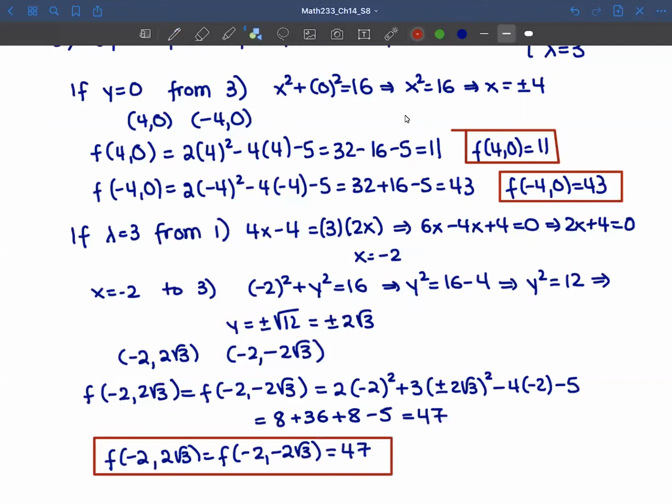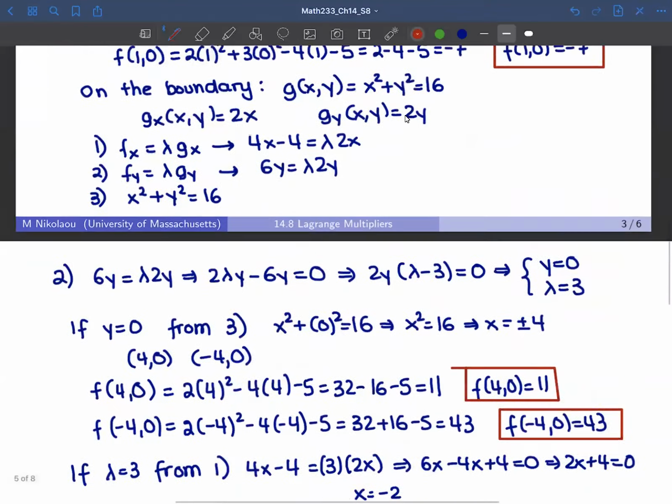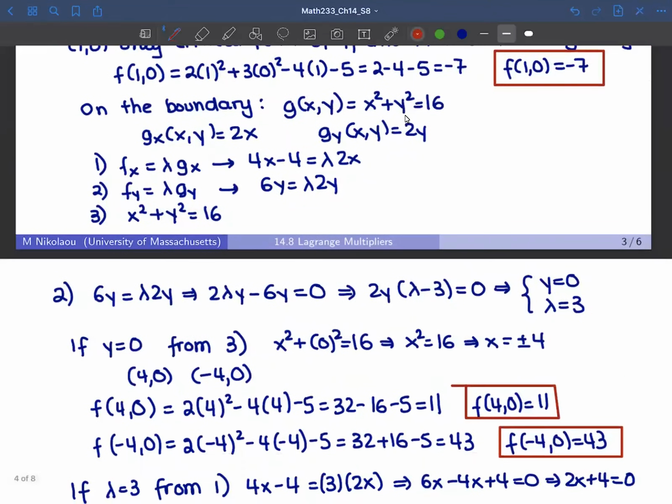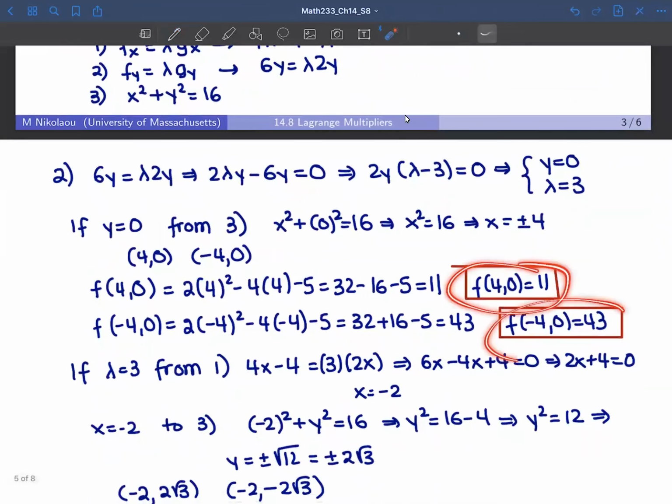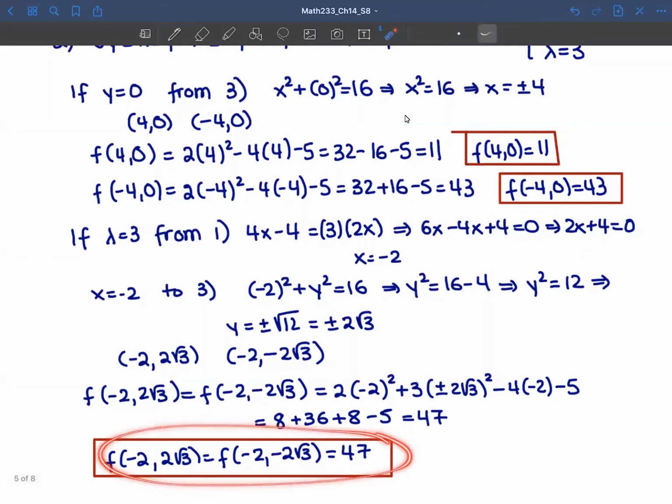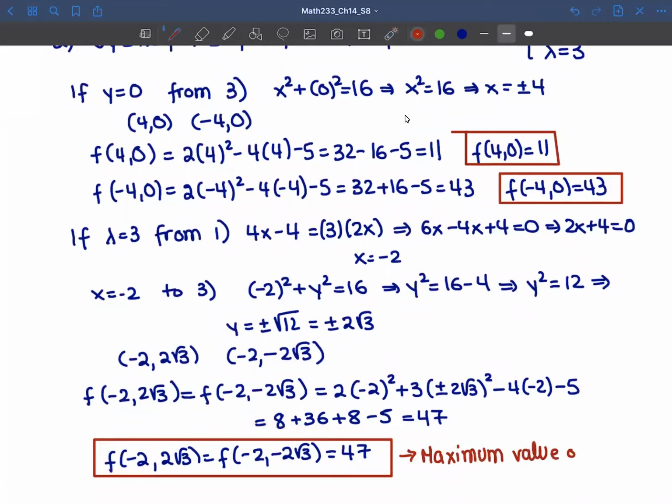So we see that here we have this value of the function, 47, which is actually, if we check these different values, this one, this one, this one, and this one, we see that this is the maximum value of the function f. So 47 is the maximum value of the function f.